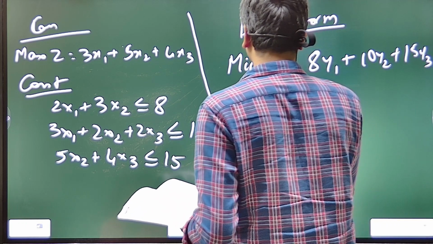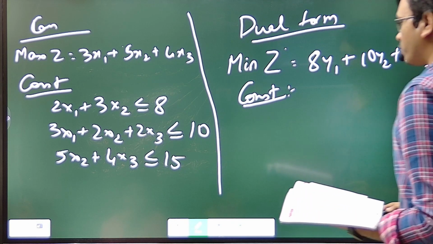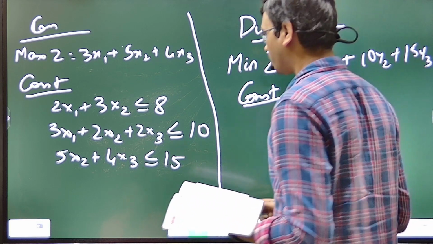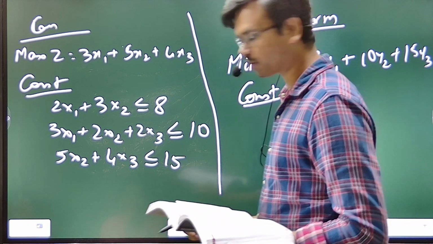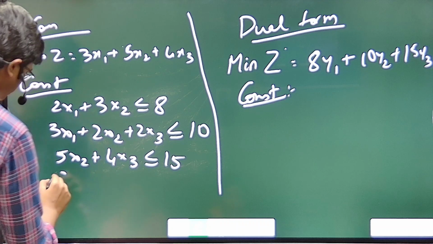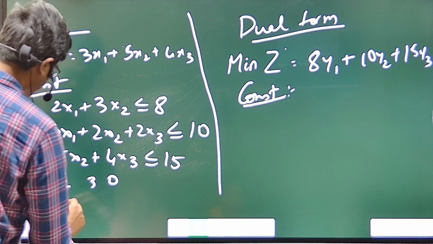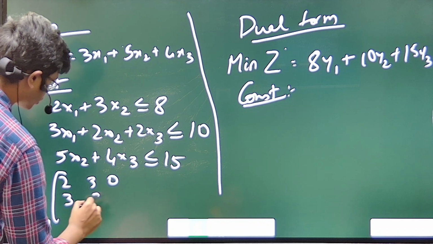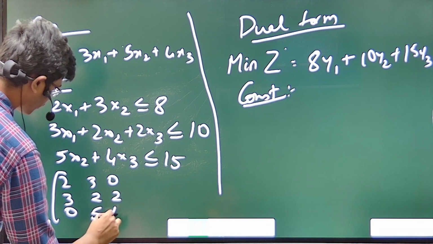Let us come to the constraints. What will happen? We have to make a matrix and transpose it. First let us make a matrix: 2, 3, 0, 3, 2, 2, 0, 5, 4.